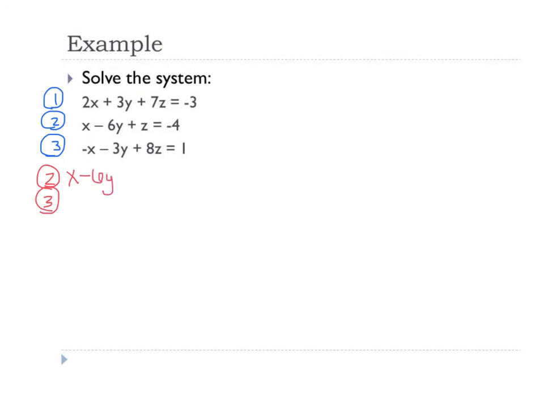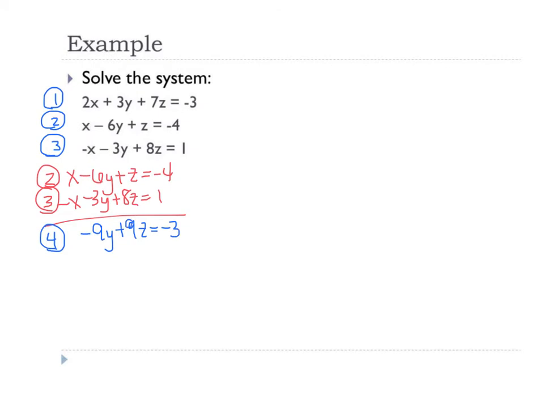I always rewrite them so that they're next to each other. We add these together and get equation 4, which is -9y plus 9z equals -3.